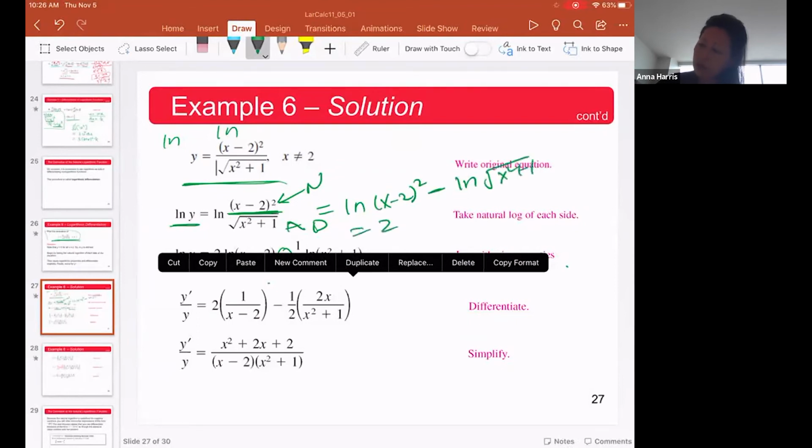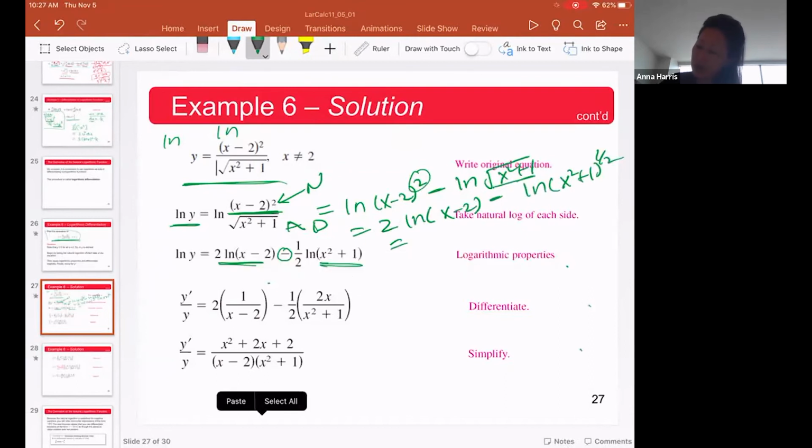And then you're going to say, okay, I'm going to put the 2 in the front. And I'm going to make this into square root, half power. And then because of that, you can do this half in the front. That can have 1 half.